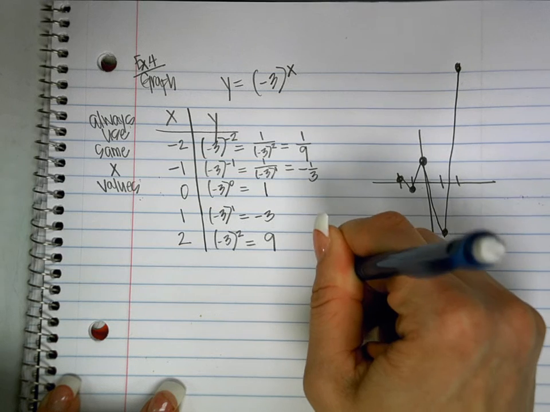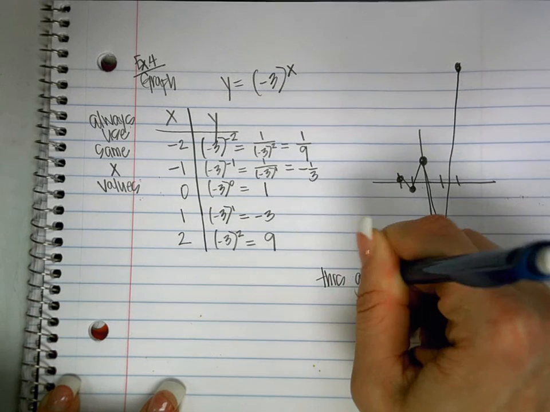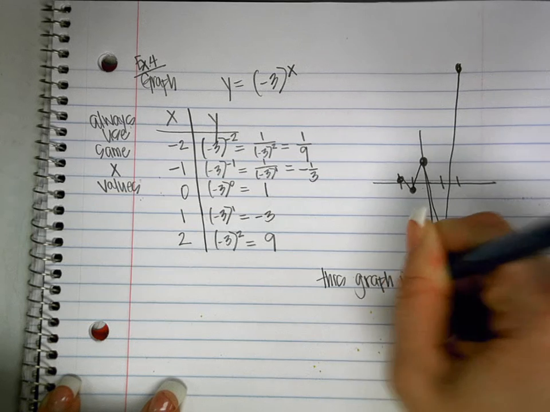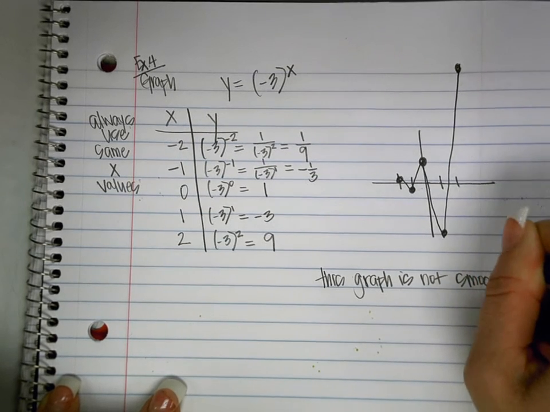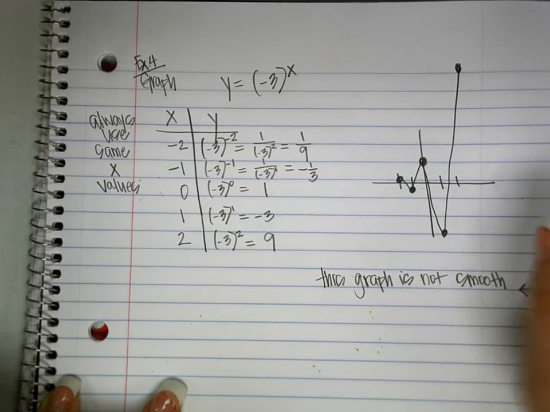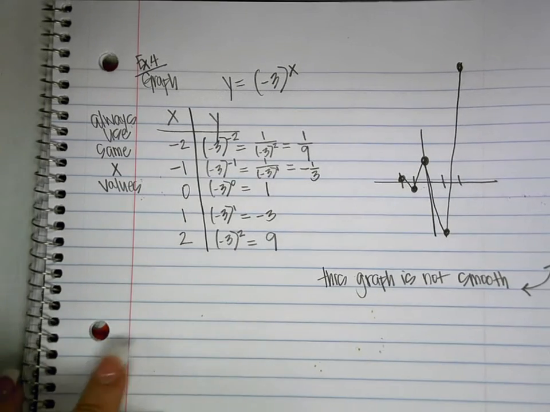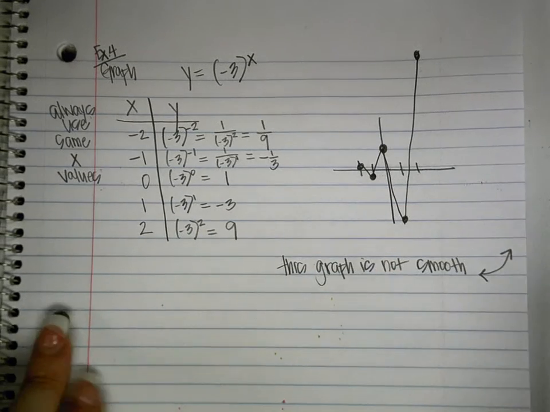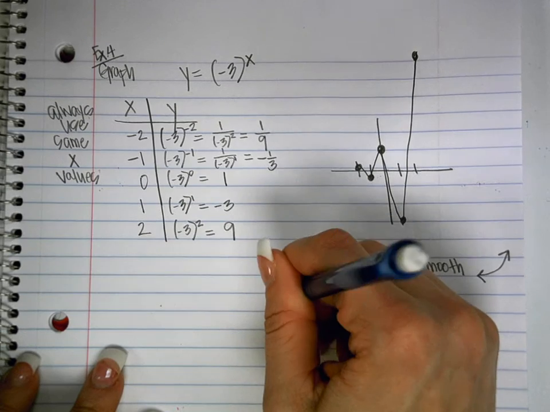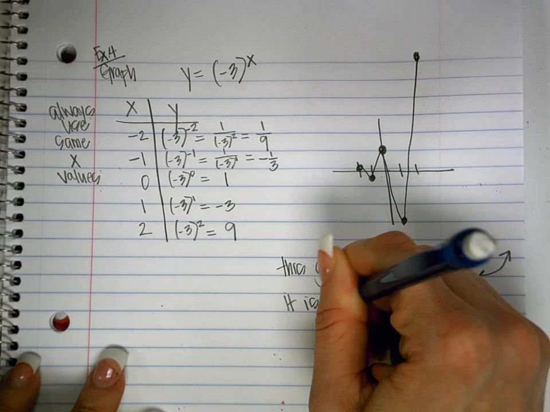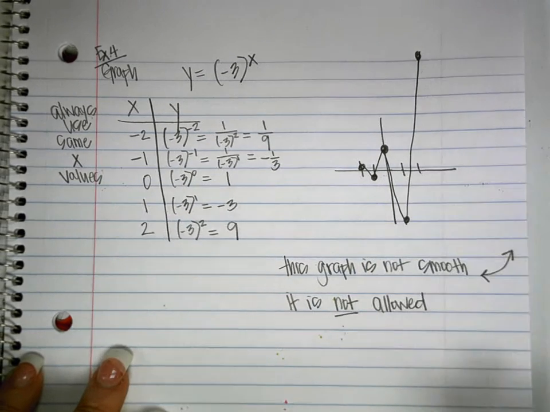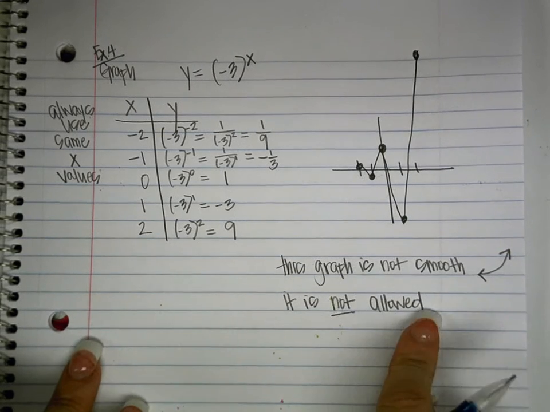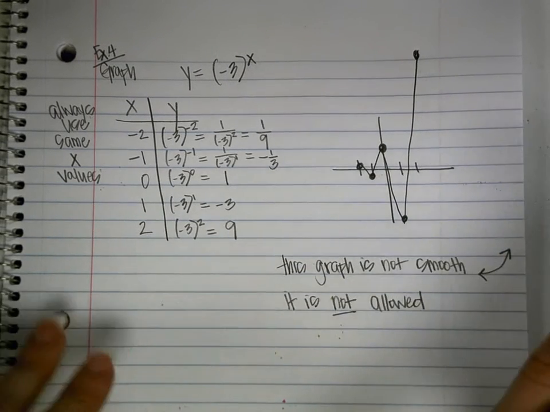This graph is not smooth, and by smooth, I mean a nice line. This is not a nice smooth line. It is not allowed. You are not allowed to have anything that's not a smooth line.